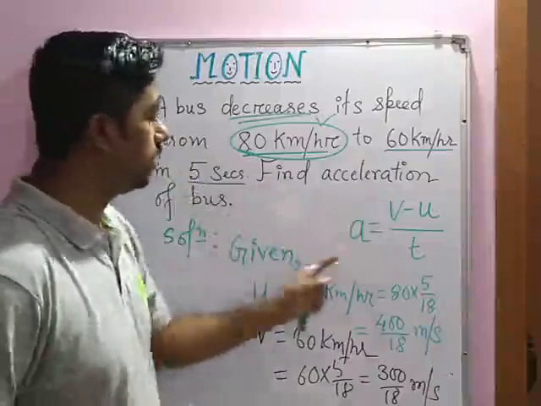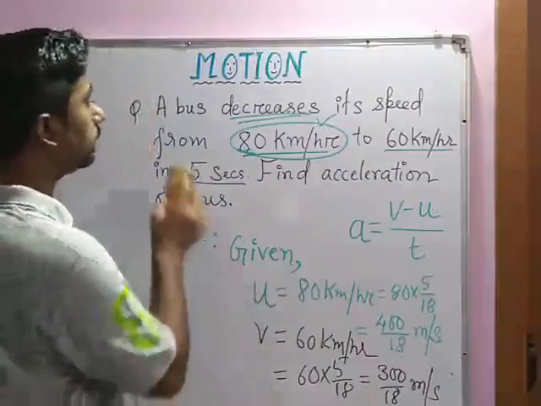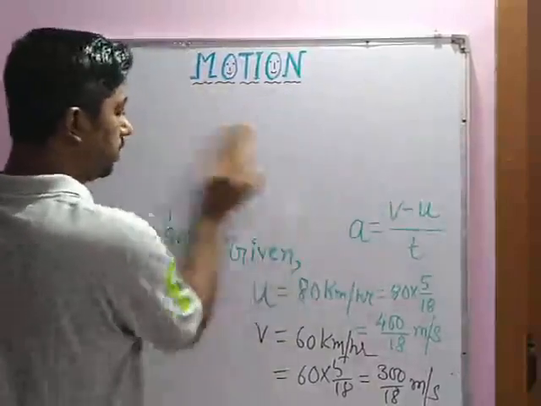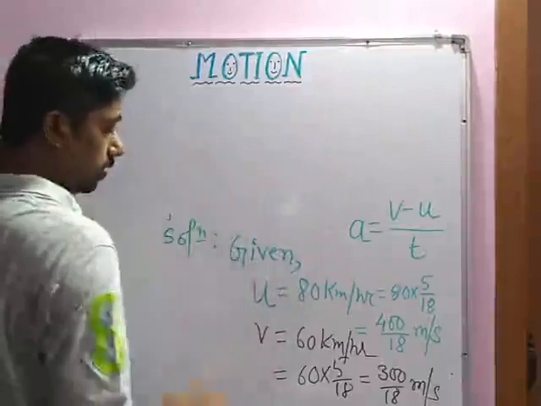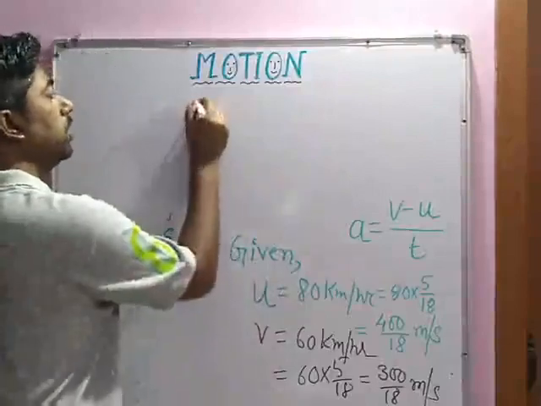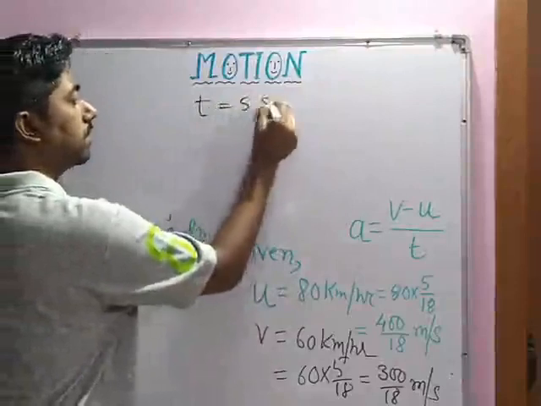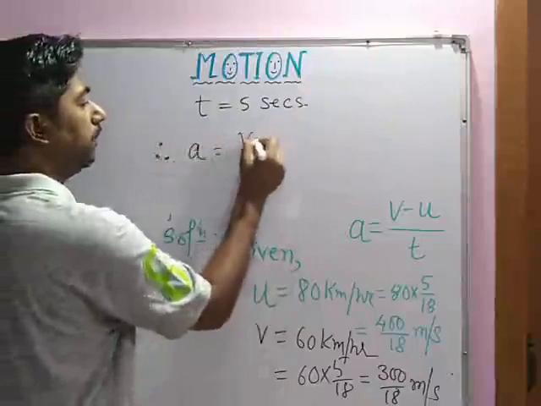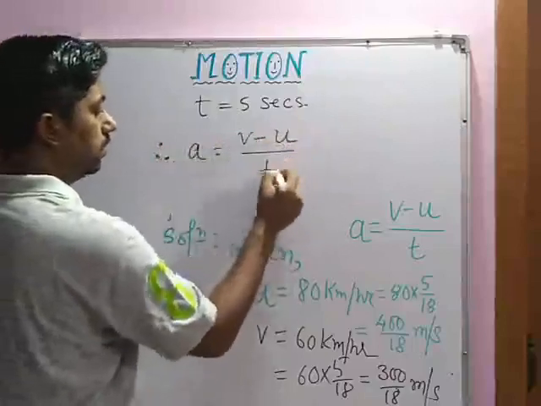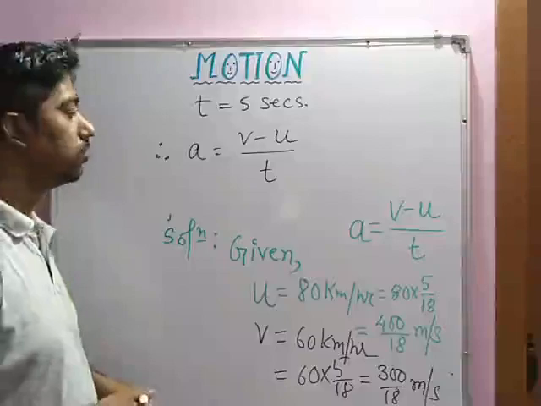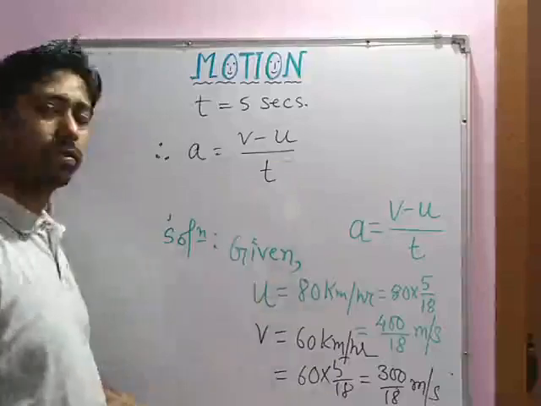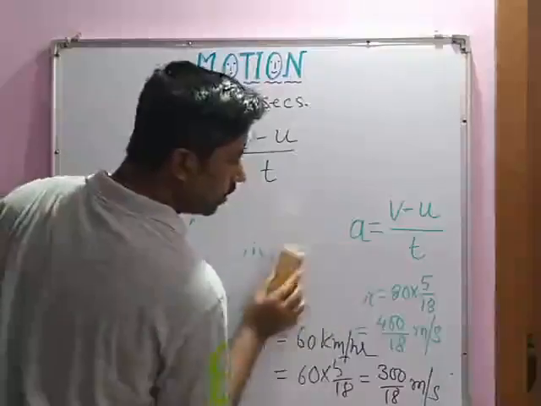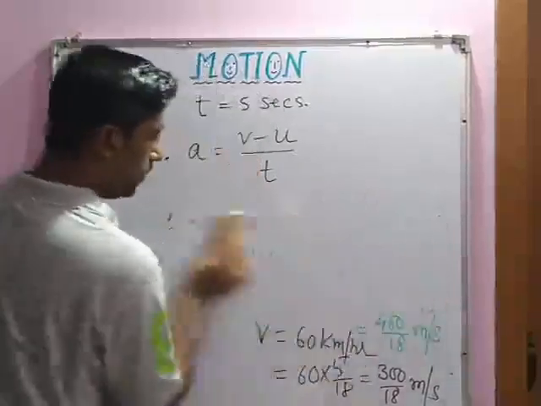Next we will find acceleration. Let me clear the board first. So T is equal to 5 seconds. Therefore acceleration is V minus U by T. Put the necessary values and you get your result.